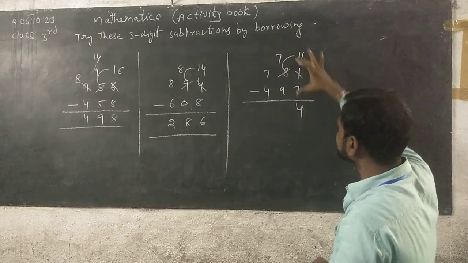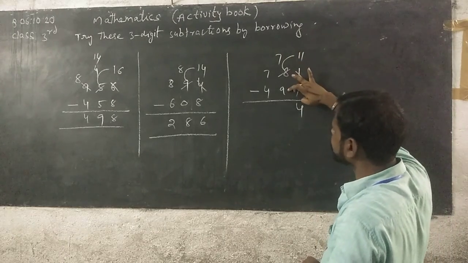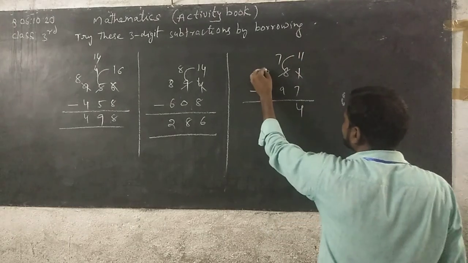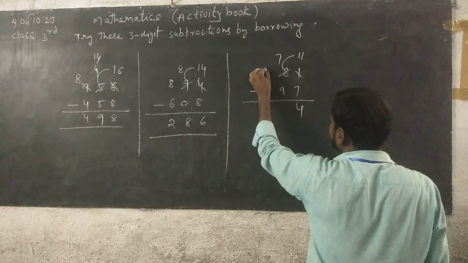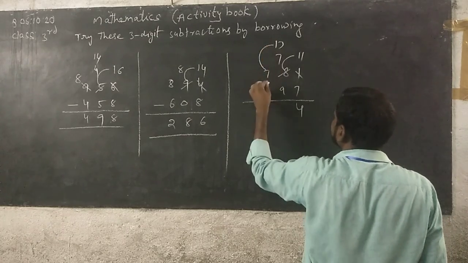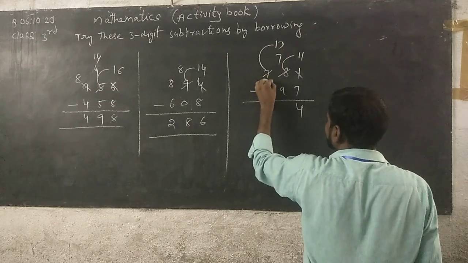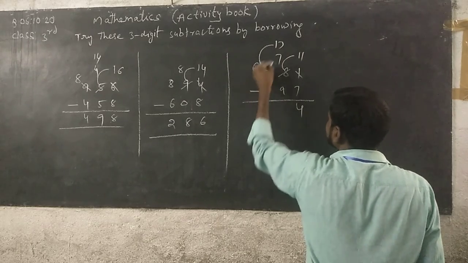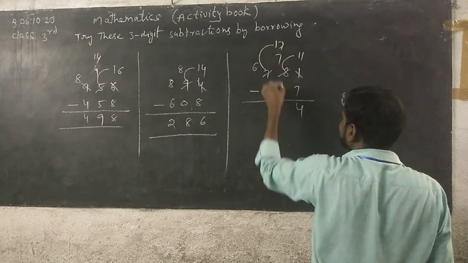Next, subtract the digits in tens place. 7 minus 9, it is also not possible. Take borrowing from hundreds place digit, that is 7. 7 can give 10. 10 is added to 7. 10 plus 7, 17. Next, it can lose 1. 7 minus 1, you get 6. 17 minus 9.